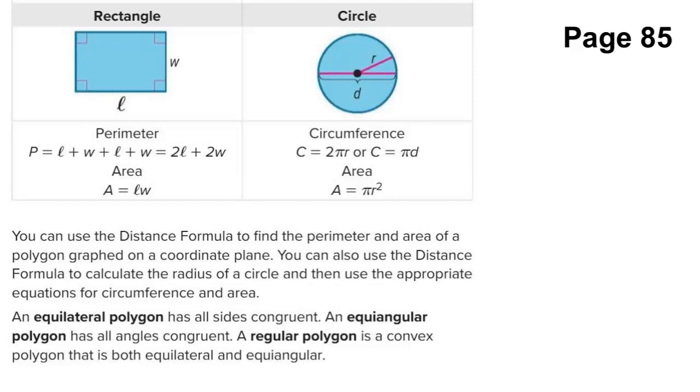Or I can say I've got 2 of these L's, so I'm going to do 2 times the length, because I have 2 sides that are the same, and 2 times the width, because I have 2 that are the same size there, and then add that together. So you can either add all the way around, or you can use this shortcut, 2 times the length plus 2 times the width. To find the area, length times the width.